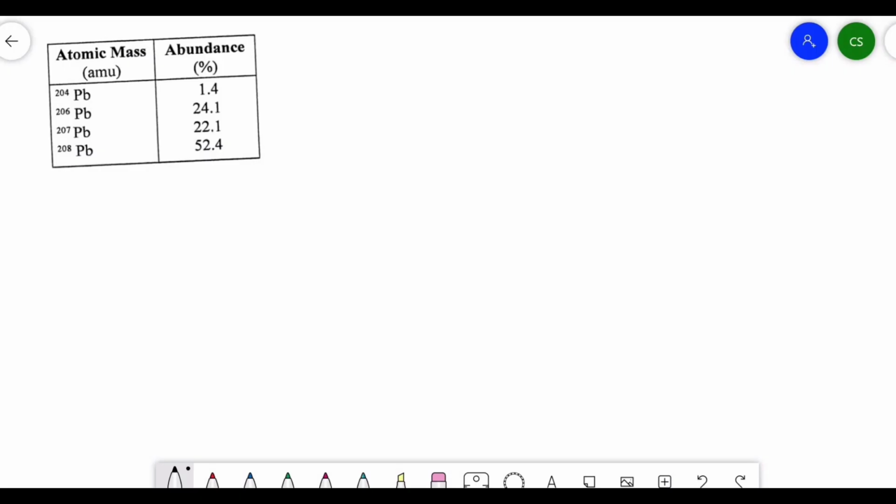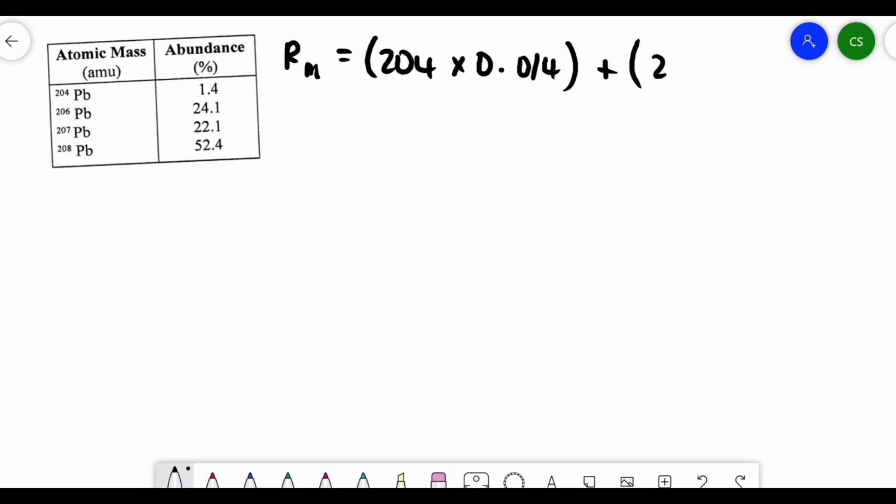So alright, the relative isotopic mass is equal to, let's say, 204 times 1.4%, which is 0.014, plus 206 multiplied by 24.1%, which is 0.241.